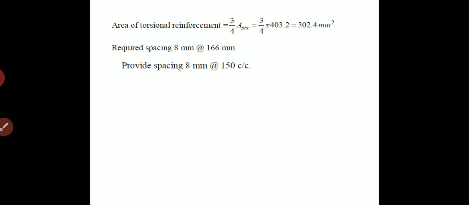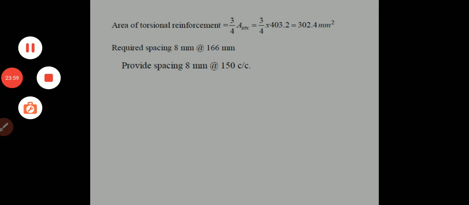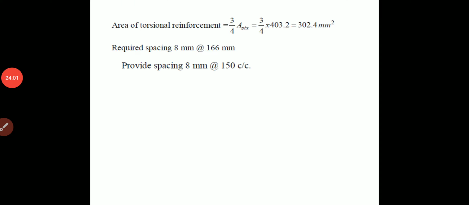The required spacing of 8 mm is at 166 mm. So we provide spacing below this value, as this is the maximum value. So in the design we provide spacing of 8 mm at 150 center to center spacing.